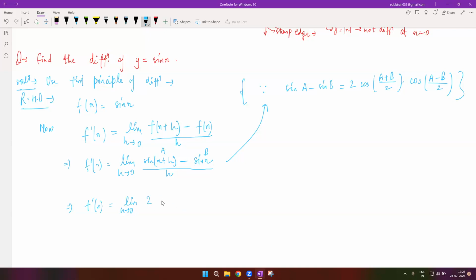This should become 2 cos (A plus B)/2. A plus B means 2x plus h. We are just adding x plus h and x. So this will become (2x plus h)/2, right? Into cos (A minus B)/2, right? Just a minute.